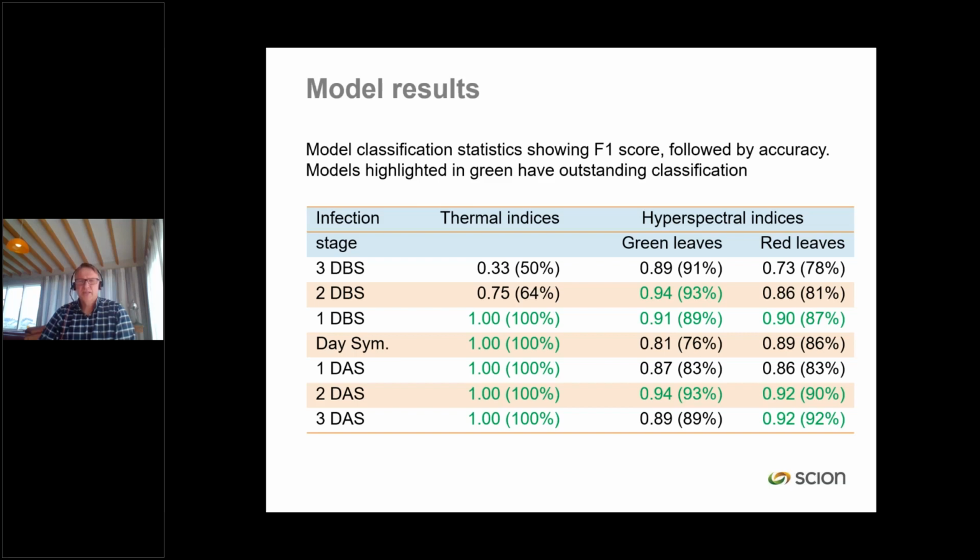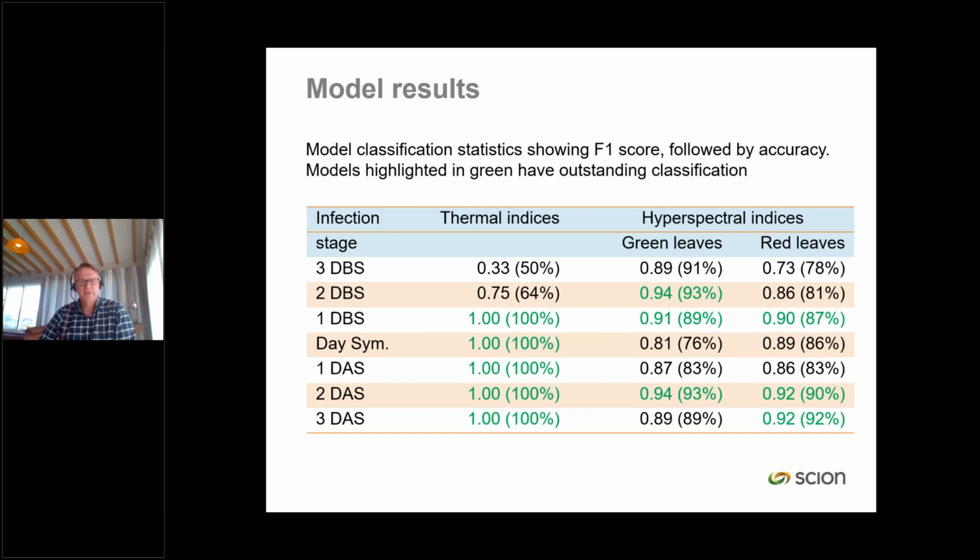If we look at the green hyperspectral indices, you can see quite high accuracy at classifying the two treatments, even 3 days before symptoms. It narrowly misses out on having an F1 score of 0.9, but the accuracy of 91 is actually pretty high. And then that continues right through to 1 day before symptoms.